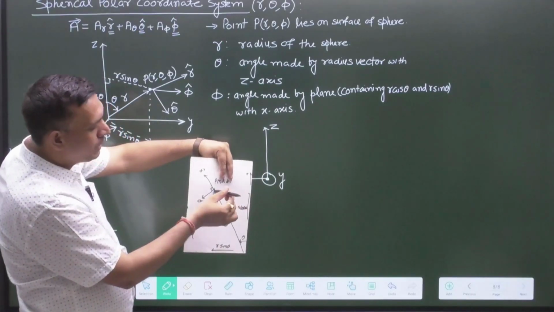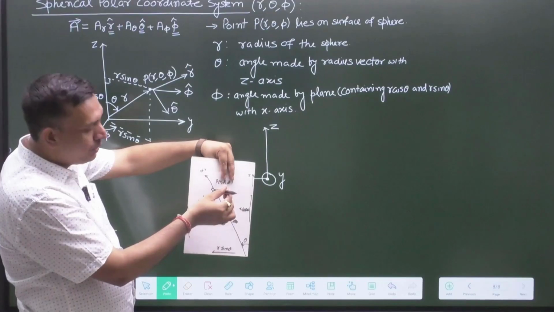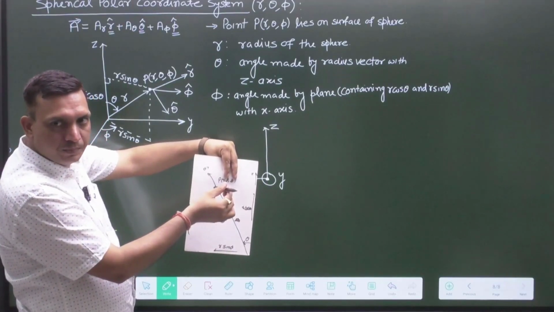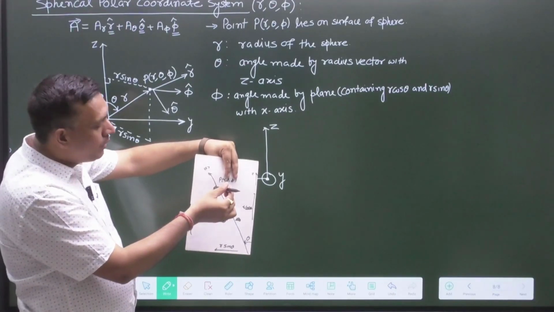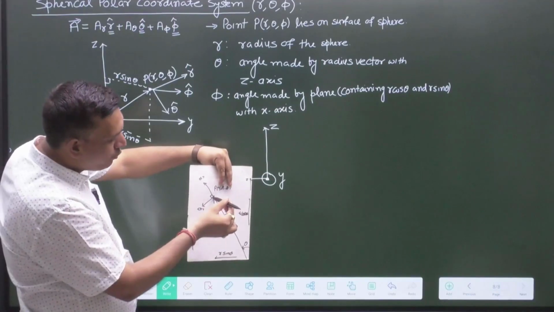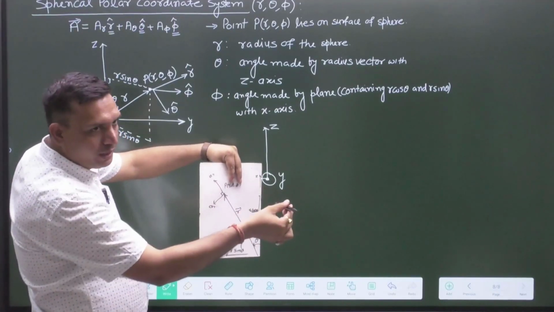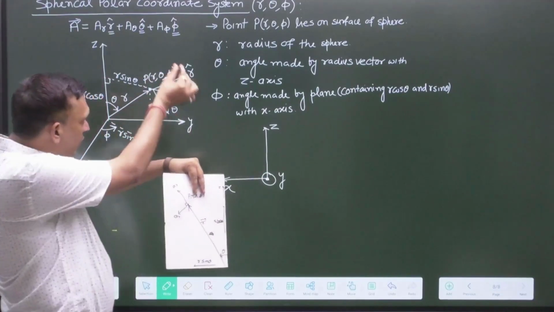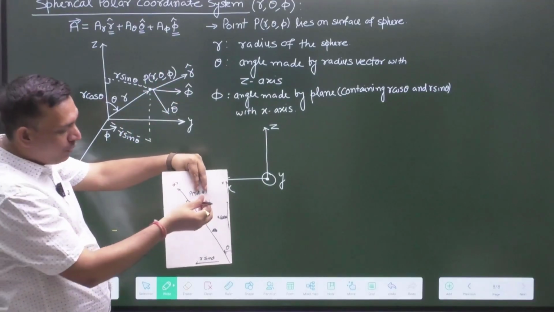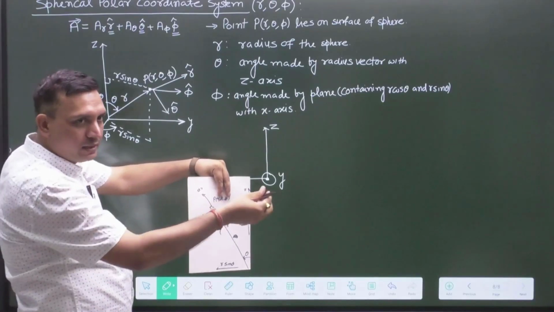And now you can visualize r cap, theta cap, phi cap, they are perpendicular to each other, just like x cap, y cap, z cap. Is it clear? Now you can visualize that r cap, theta cap will lie in this plane, but phi cap is perpendicular to this plane. So if you see here, r cap, theta cap actually lie in this plane, and phi cap is perpendicular to this direction.